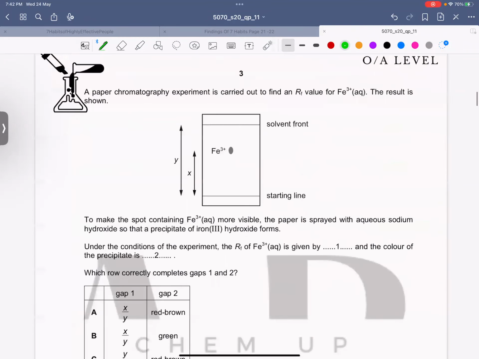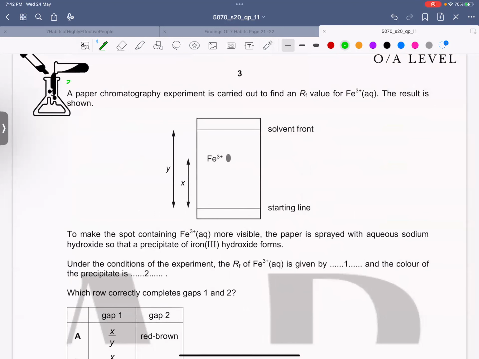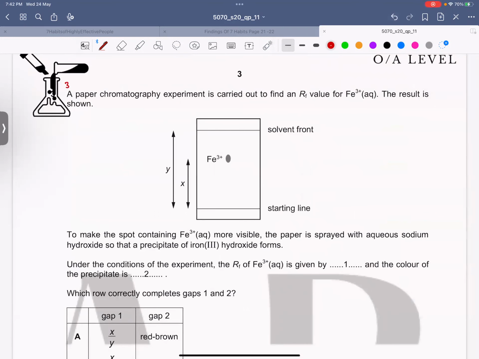Now, question number 3. A paper chromatography experiment is carried out to find an RF value of Fe3 positive.